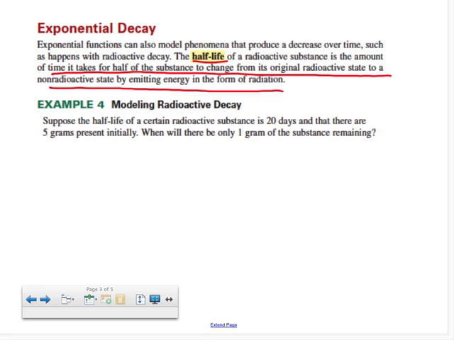Now when we do a problem like this, I'm going to modify that exponential function. On the previous slide, or 2 slides ago, we talked about a to the x power. But we're going to have a starting amount here as well, so let's modify this: y equals, and if we want to keep using a as our base, we need another letter in front. I want to say that the book uses k.